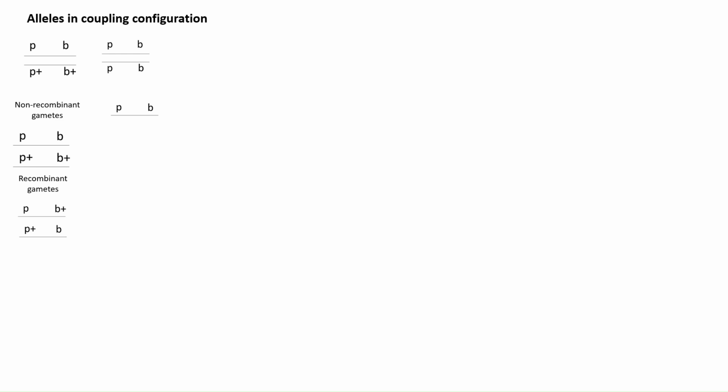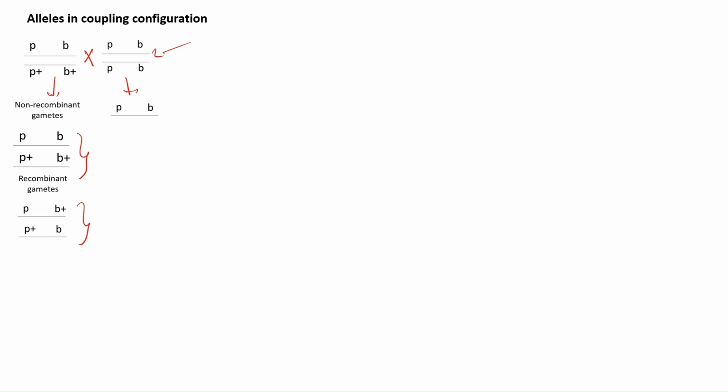Now, let's see the alleles in coupling configuration. Suppose PB, P plus B plus is crossed with the recessive partner. From the recessive parent, we'll get only one type of gamete, but from the heterozygous parent, we will get four types of gamete. Because they are linked genes, the number of non-recombinants will be more, but some recombination is always allowed.